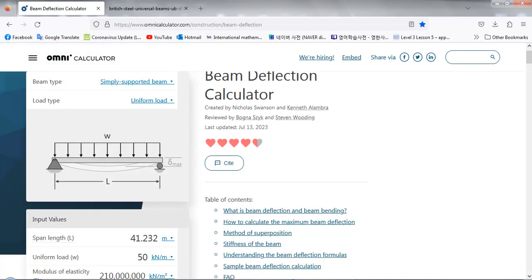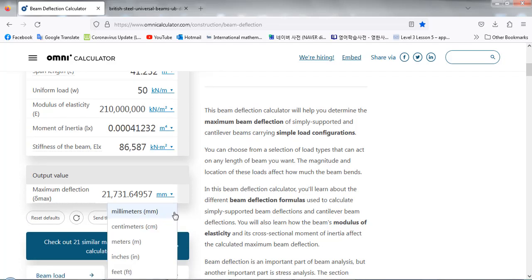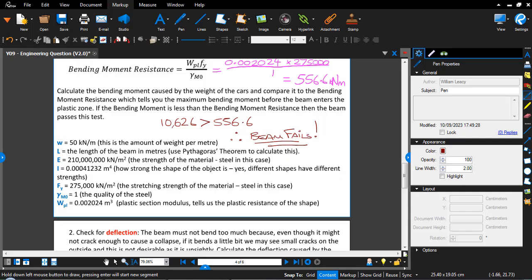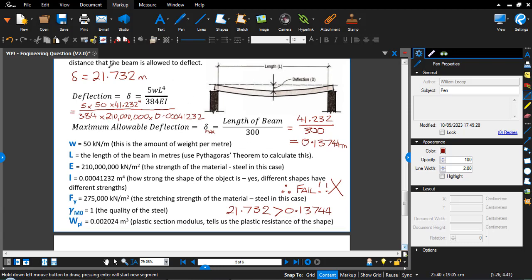Yup, so they are getting, see that's millimeters. If you put it in meters, boom, 21.732. We got the same. And if you did it for bending moments, you get the same.